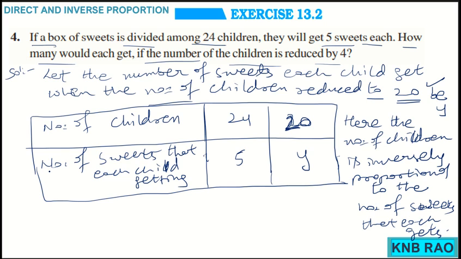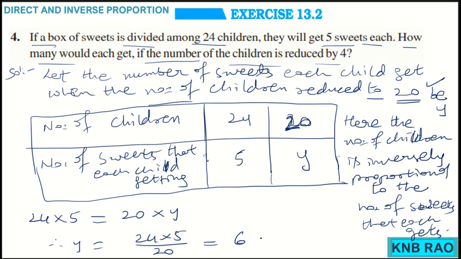So, that is the relation. Now, I will take 24 into 5, the product should remain the same, equals 20 into y. Therefore, y equals 24 into 5 divided by 20. On cancellation, you will get 6 sweets that each will get.